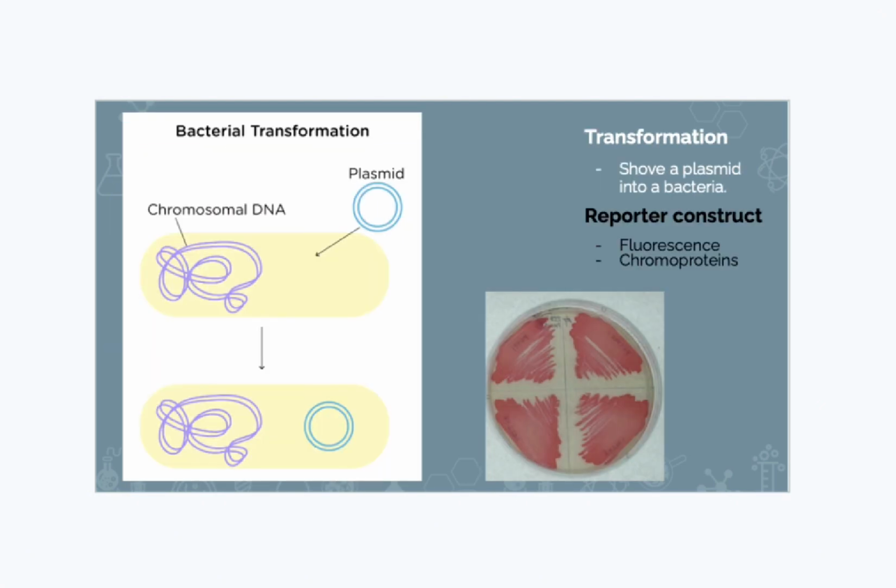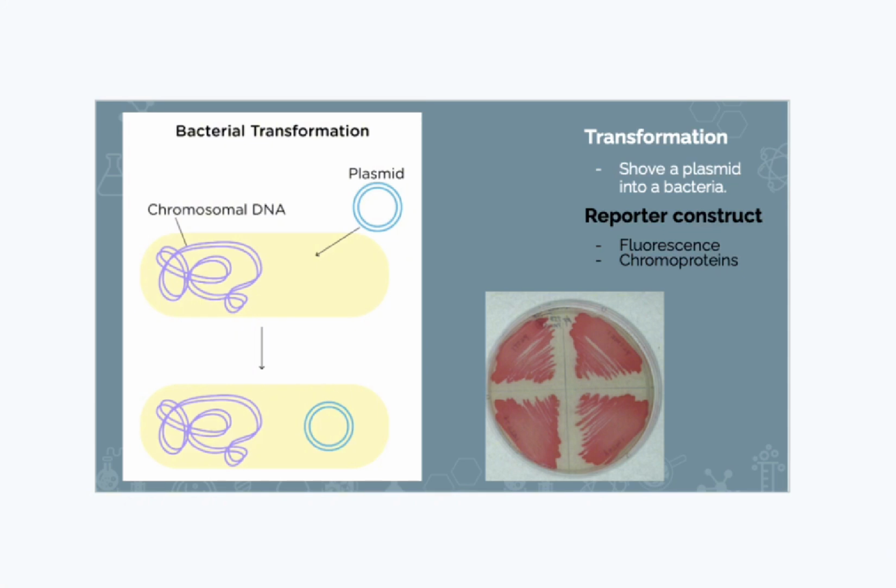Now, after you make the plasmid, you have to get the bacteria past the cell wall and plasma membrane, and we do this with a protocol called a transformation. It's basically a fancy way of saying we throw a plasmid into the bacteria. The protein coding genes in that plasmid will then be expressed since the bacteria has ribosomes.